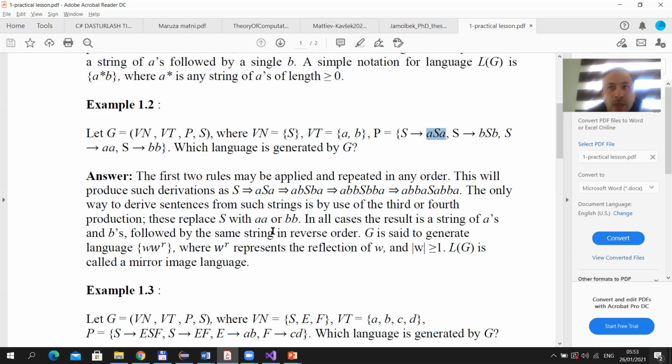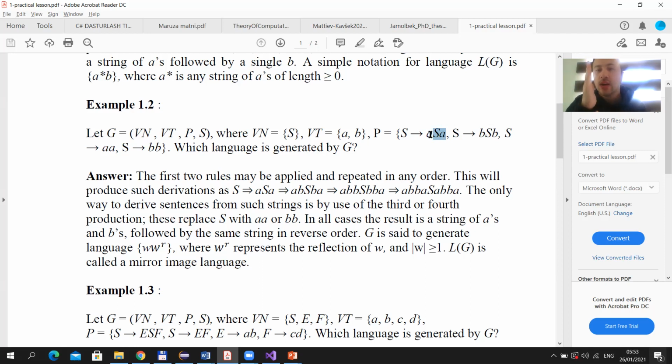You will get the string in reverse order, so you will have palindrome strings because our rules are palindromic. A palindrome means that if you divide the string into two parts, the left part and the right-hand side should be equal.